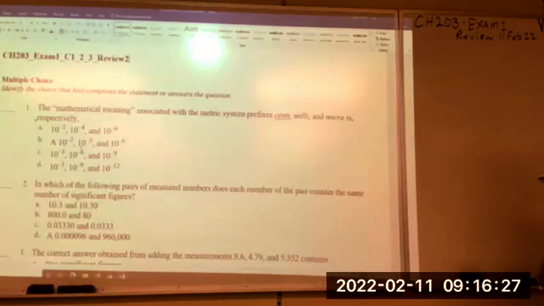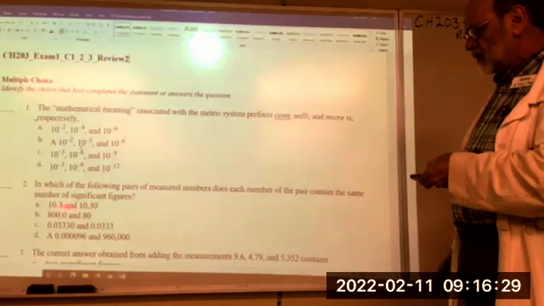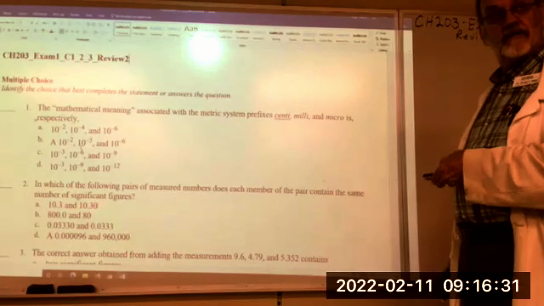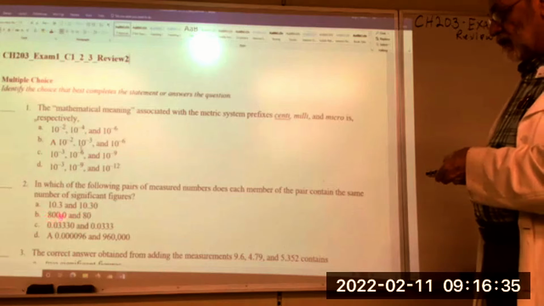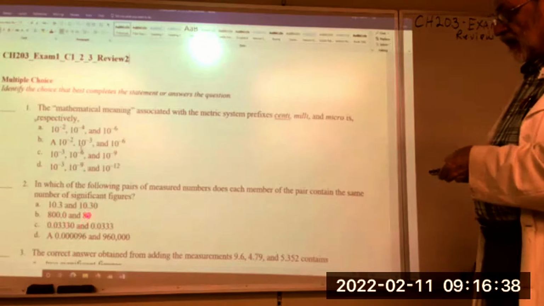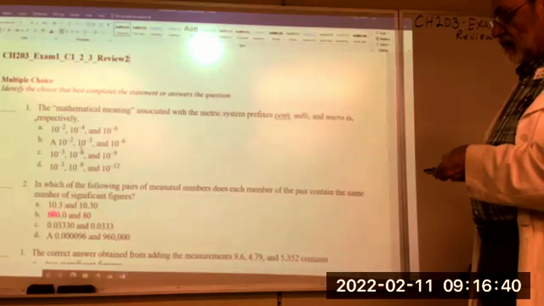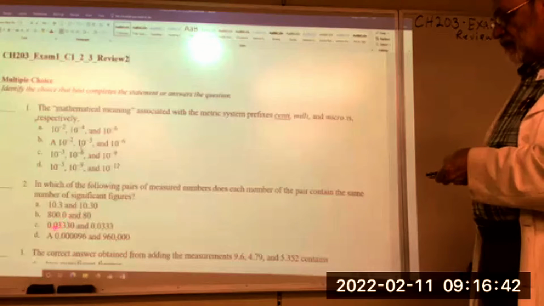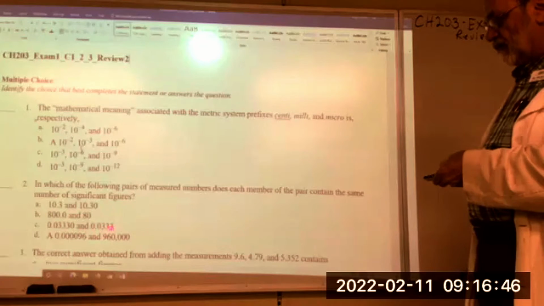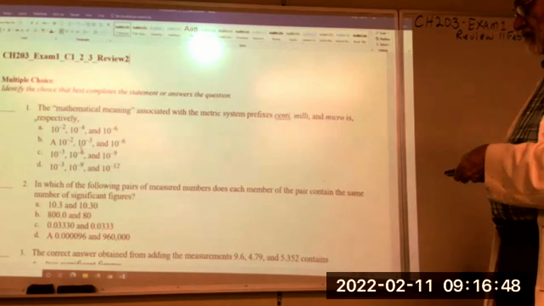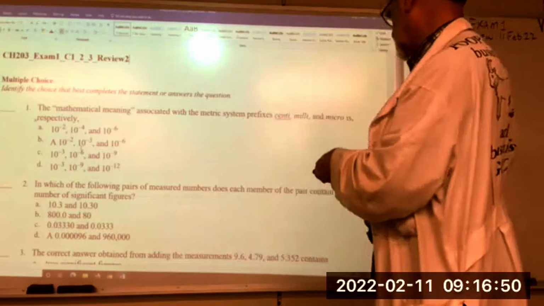How many significant figures here? 1, 2, 3, 1, 2, 3, 4. No, that's not the one. There's 4 here. There's a decimal. See, that one's only got 1. So you got 1 and 4. No. How about this one? 1, 2, 3, 4, and 1, 2, 3, 4. Wait a minute.